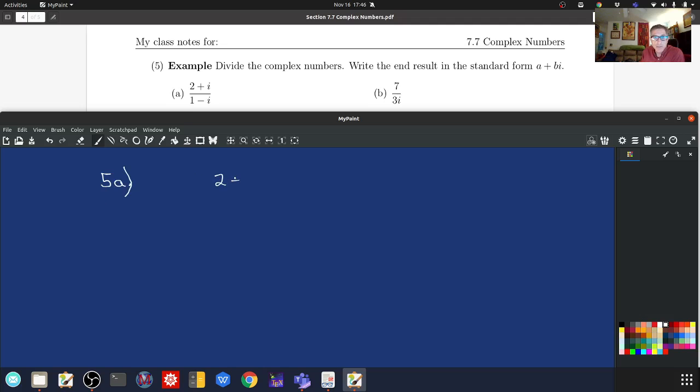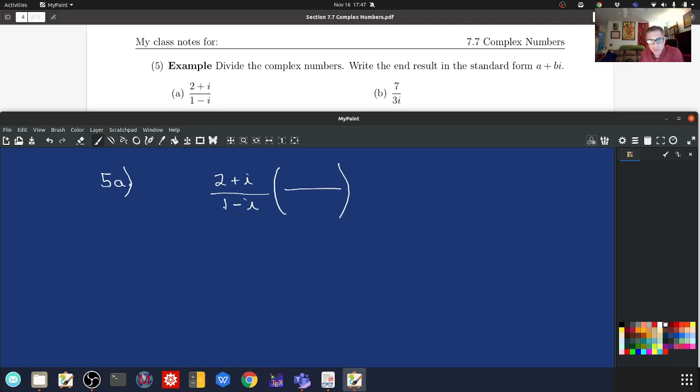So 2 plus i, all I'm going to do is 1 minus i. So what I'm going to do is I have to transform this. Now I'm going to transform it by multiplying it by 1. Now, for any complex number that's not 0, divided by itself is still equal to 1.